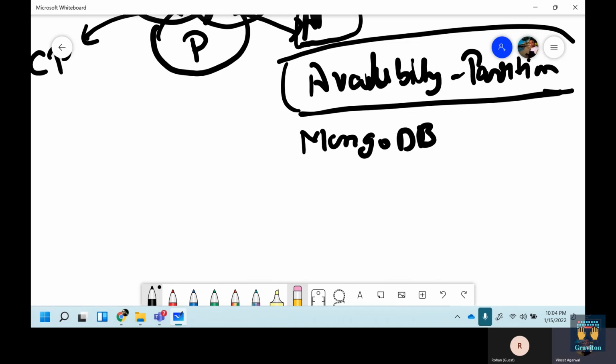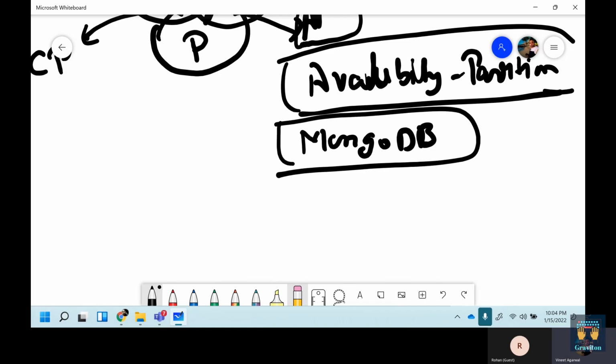You know that MongoDB has a master-slave architecture. One of them is the master, which communicates all the information to all the slaves out there. It is available all the time because we are communicating information to all of them. But what if my master goes down? Then there is a time that I will not be available.